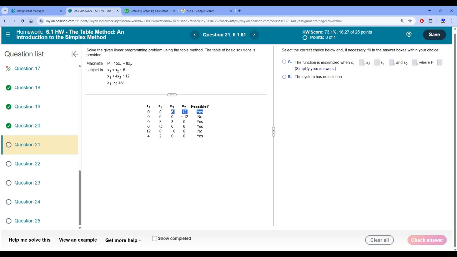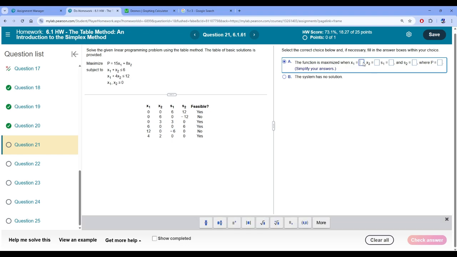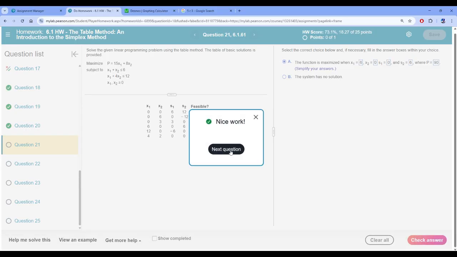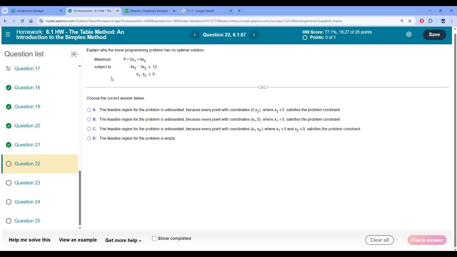That's a huge number, so I really have to compare this one and this one. 4 times 2 is 60. That already is 90, so I'm going to go with that one. The solution is 6, 0, and my profit is 15 times 6, which is 90. There you go. Yeah, it's starting to make a little bit of sense. It's just those weird variables, and it makes you have to think a little bit.